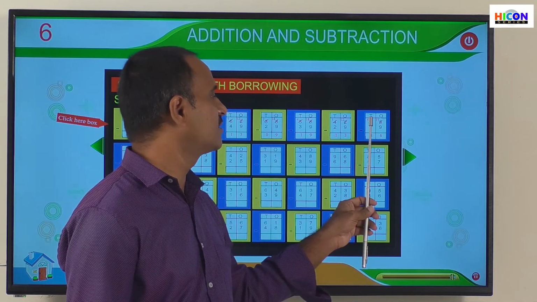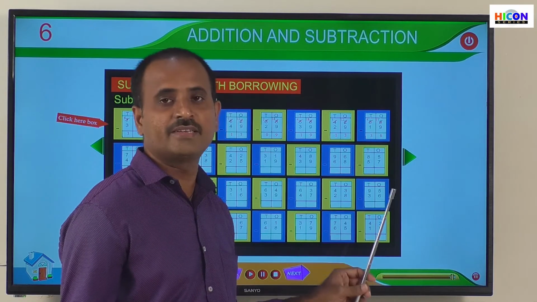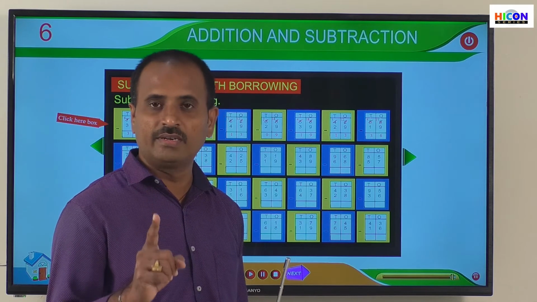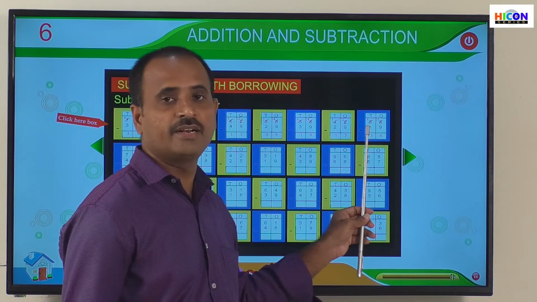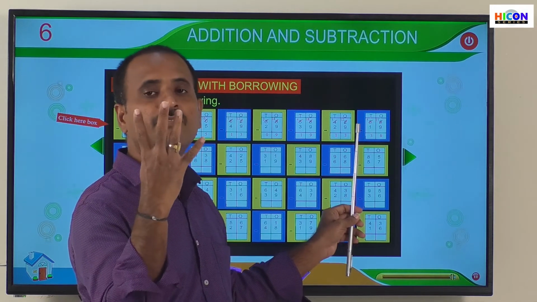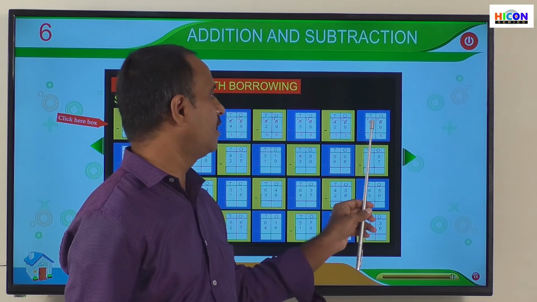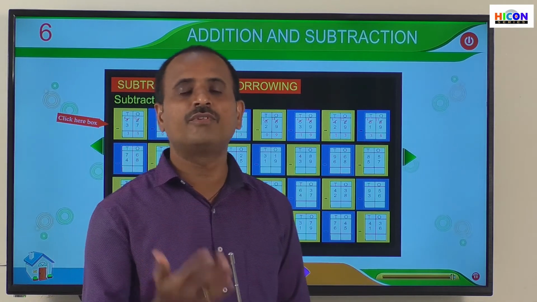What is the next place? Tens place. How many tens are there? There are a total of 5 tens. So borrow 110 from 5 tens. If you borrow 110 from 5 tens, how many tens will be there? There will be 4 tens. So strike off 5 and write 4, which means there are only 4 tens.